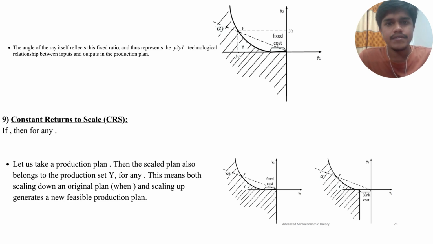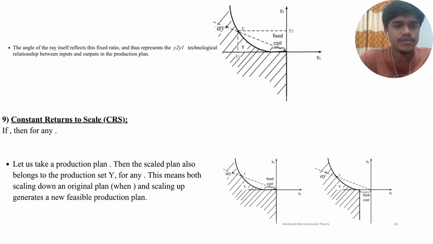Now, looking at the diagram, we see the concept visually. The shaded area represents all the possible production plans in the production set. If you pick any point inside the region, for example, a combination of $1 of input and $2 of output, we can trace a straight line from the origin through this point and keep moving along this line.